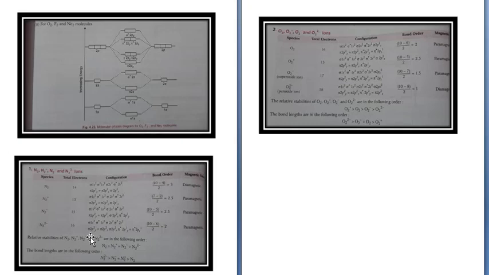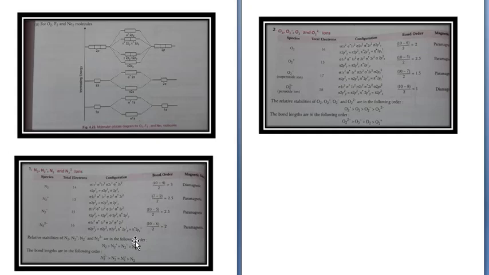So the number of electrons in bonding orbital is 10. In anti-bonding it is 6. So 10 minus 6 upon 2, that makes it 2. Although the bond order is coming even, the magnetic nature is paramagnetic. Why? Because both these anti-bonding 2py and 2pz have single, unpaired electrons.